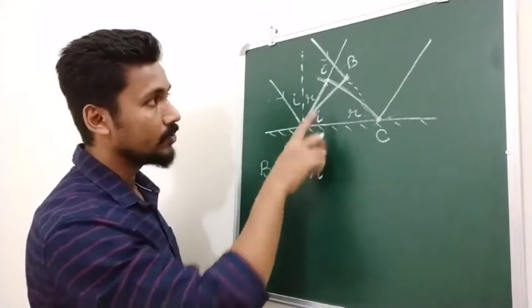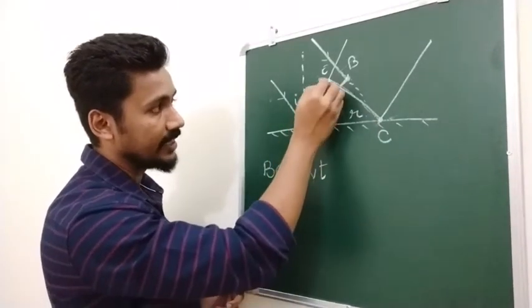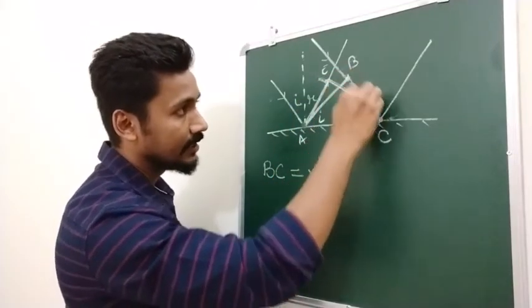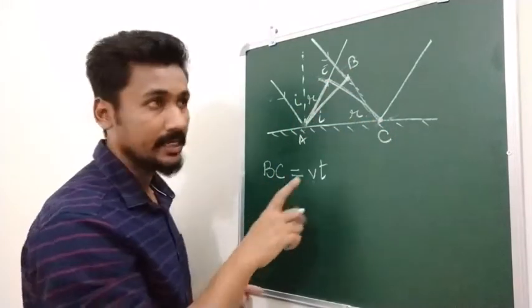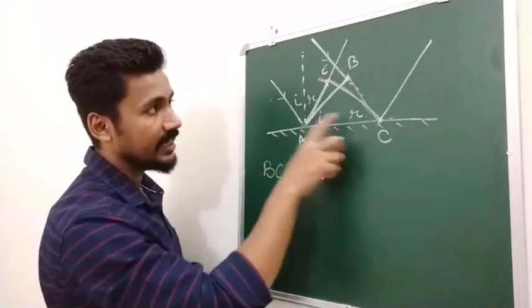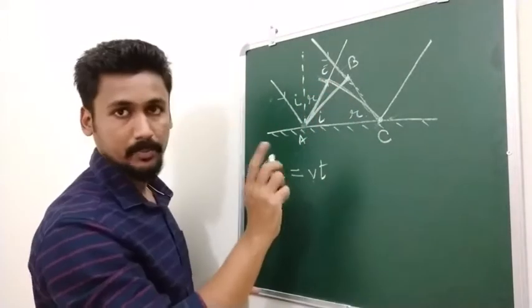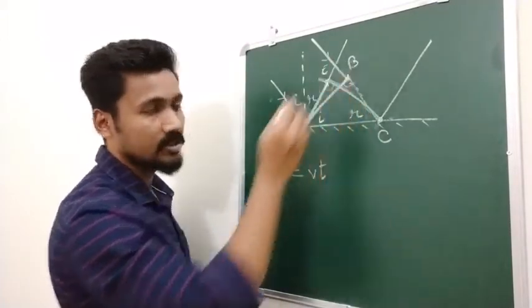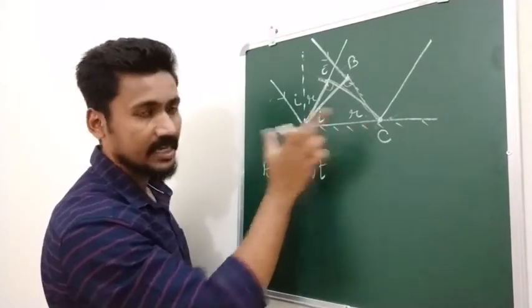Now let us compare these two triangles EAC and BAC. When you look at triangles EAC and BCA, both of them have a 90 degree angle, and they are sharing the hypotenuse.